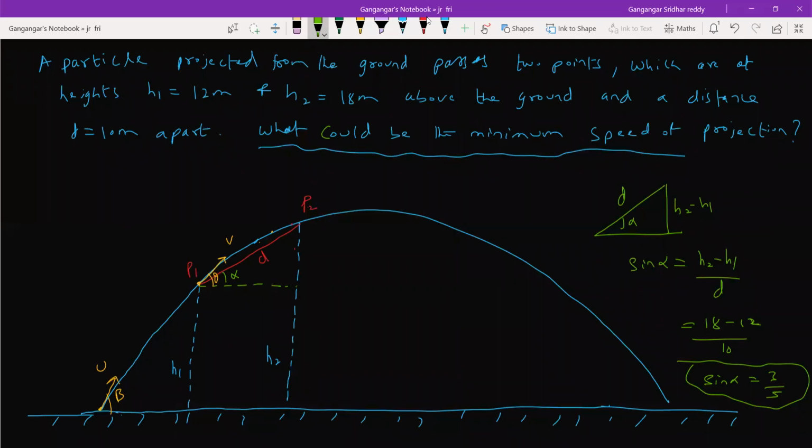What could be the minimum speed of projection, that u has to be determined so that it will pass through those 2 points? Why is that minimum word brought? Because if you make the speed less than that, it may not pass through that particular point.